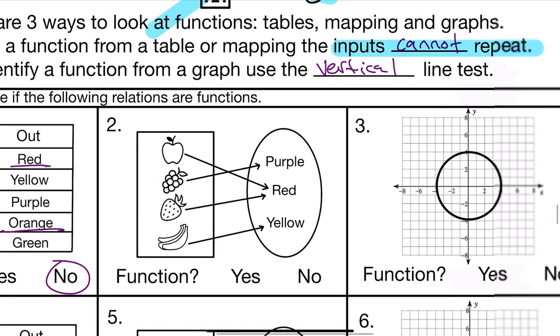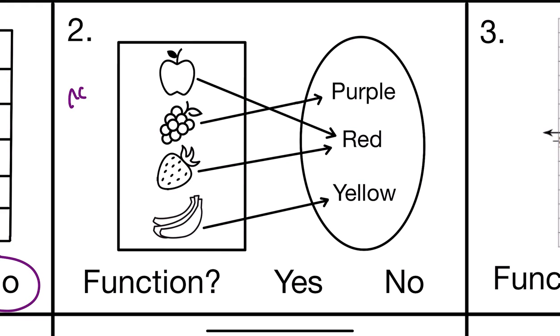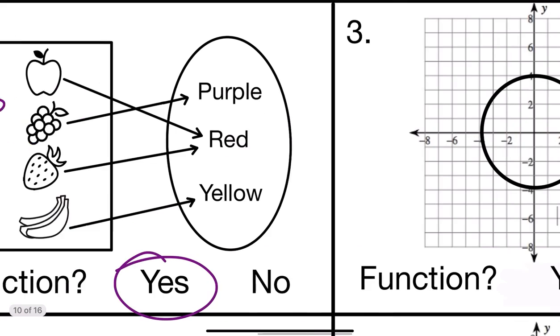Once again, let's look at those notes. It says inputs cannot repeat. So it's just these inputs that we're worried about here. Since none of those repeat, it is a function. Since none of them repeat and give different colors, this still works.